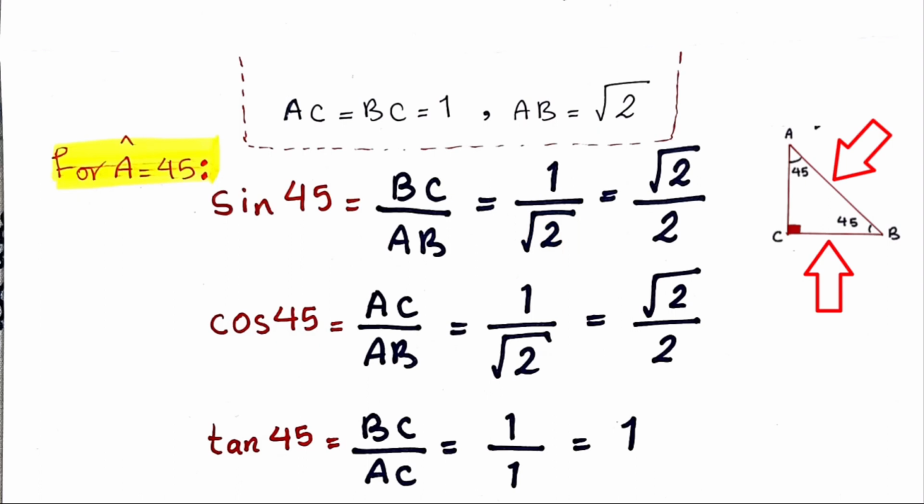We multiply the numerator and denominator of the fraction by radical 2, and the result is radical 2 divided by 2. For cosine 45, as I said before, the cosine of any angle is equal to the side adjacent to it divided by the hypotenuse. So, cosine 45 is equal to radical 2 divided by 2.